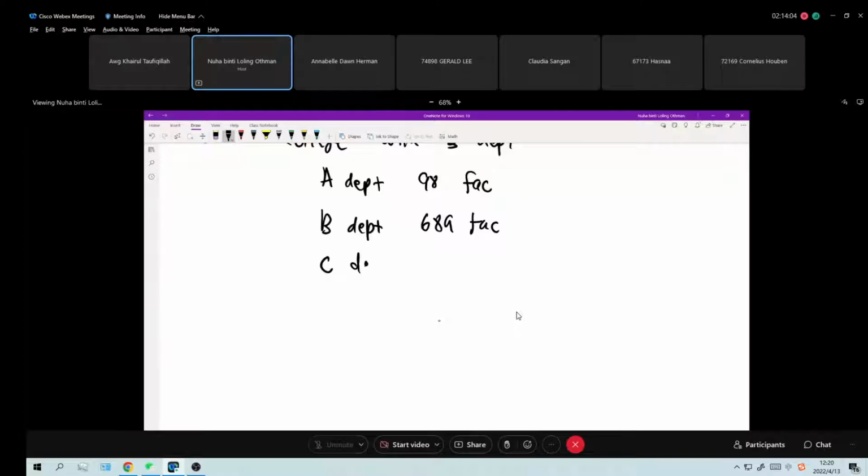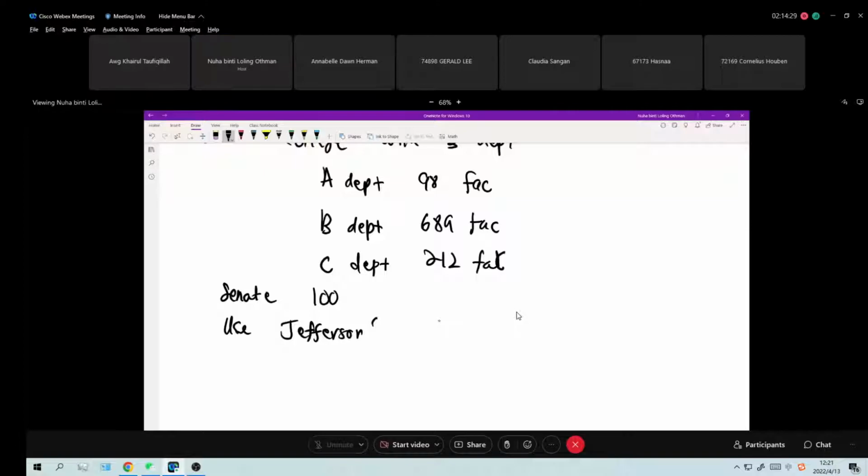And C department contains 212 faculty. So the Senate has 100 representatives, and this one uses the Jefferson method with modified divisor D equal to 9.83.